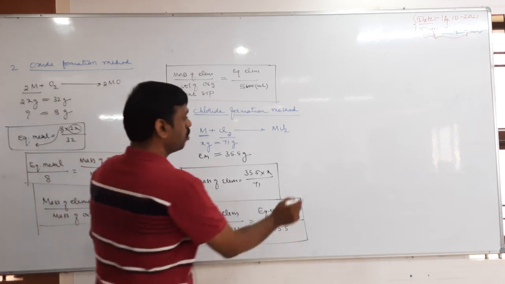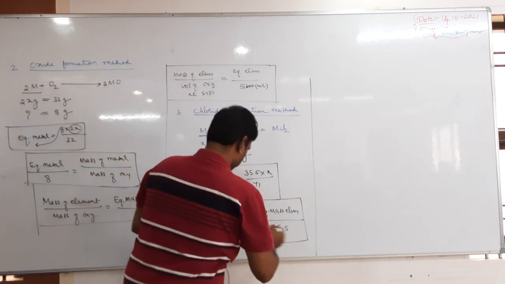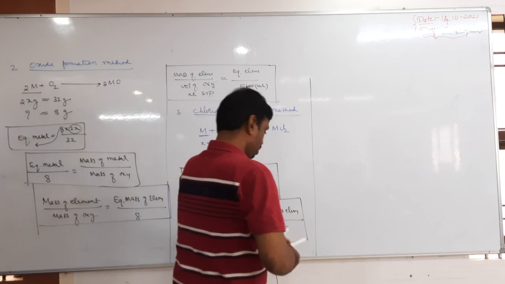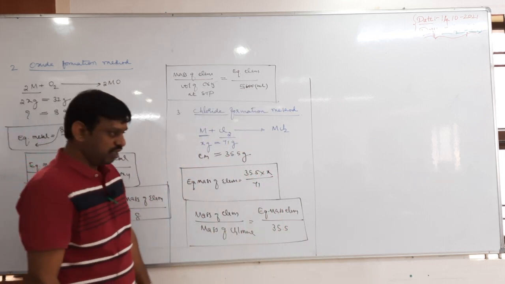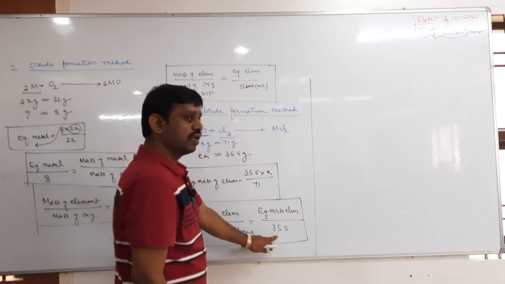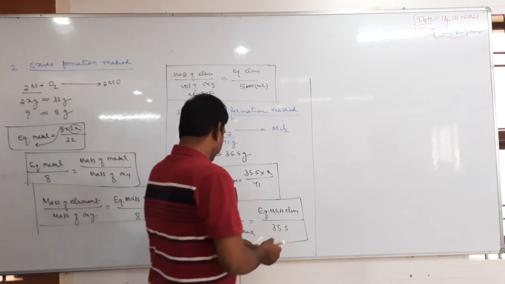If the volume is given, instead of mass of chlorine, you can take volume of chlorine at STP, which here is 11,200 ml.